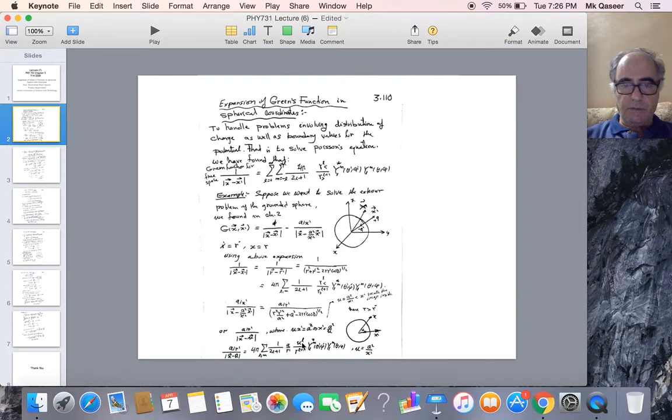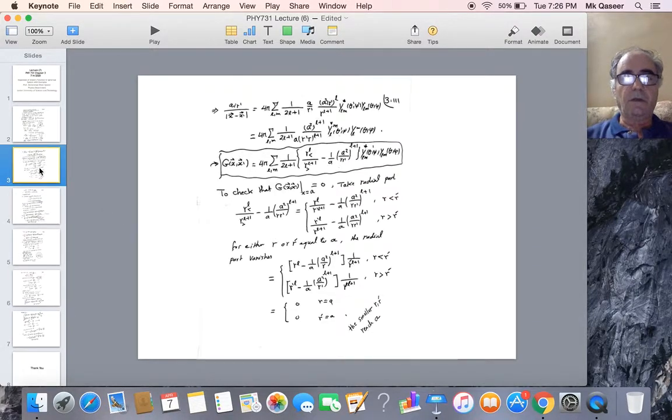Then substitute instead of u, we get the expression for this part in terms of the spherical harmonics. Finally, by a little algebra, one can reach this expression. Now substitute this expression in the Green's function.